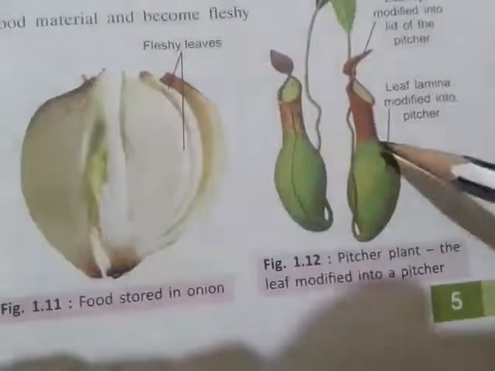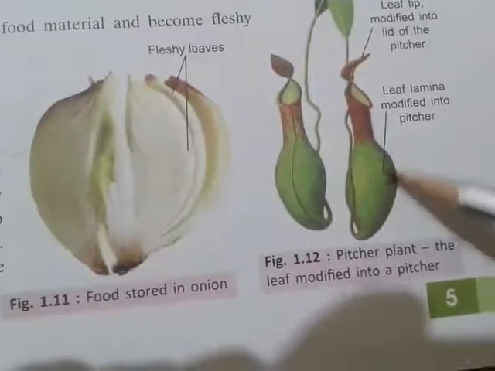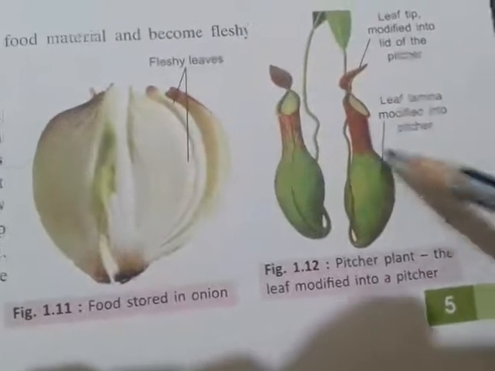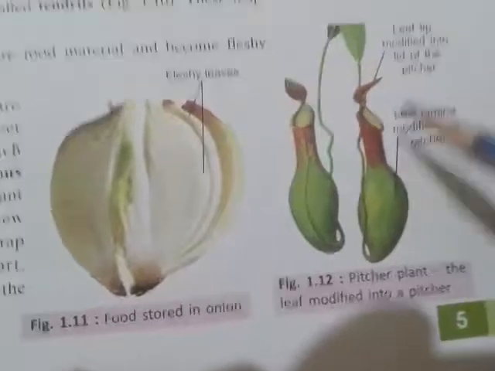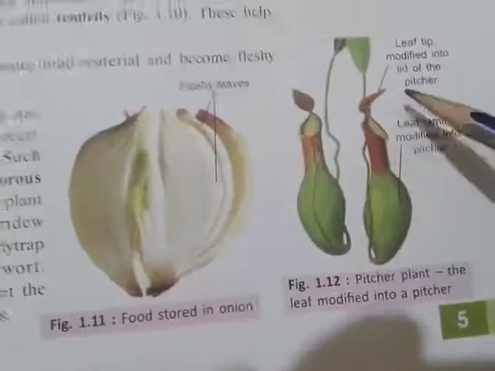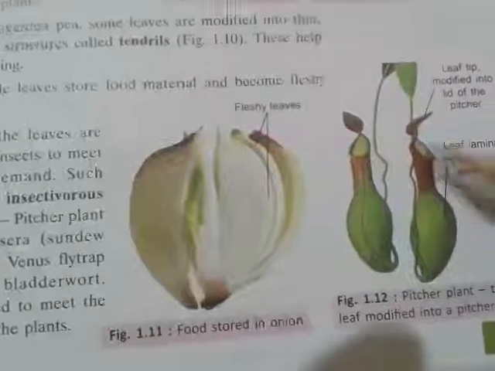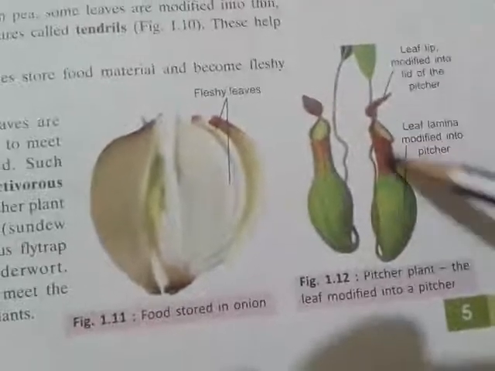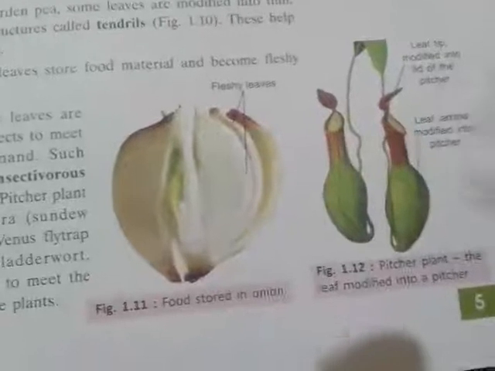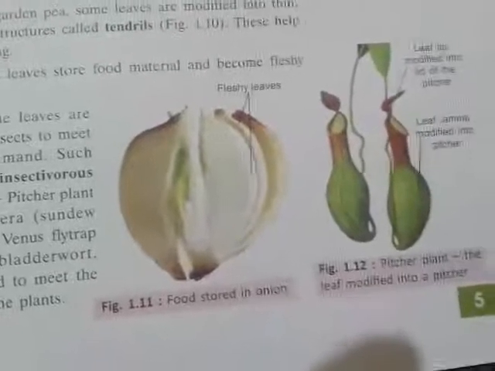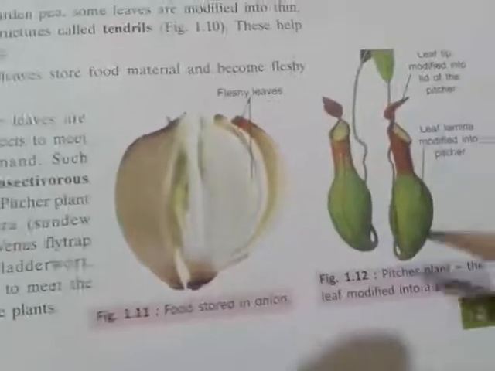What is the reason for this pitcher? By this mouth many kinds of insects are trapped, and the leaf traps them for the nitrogen demand of the plant.